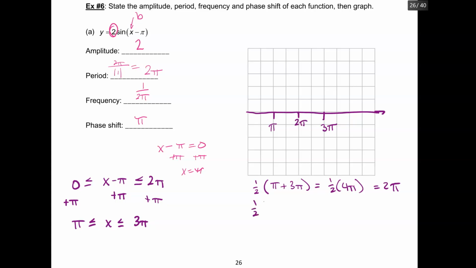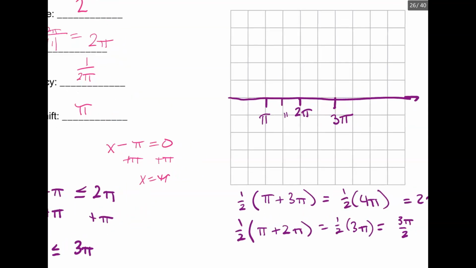And then I just want to label all of my little axes, my tick marks. So halfway between pi and 2 pi, that's just 1/2 of 3 pi, or guess what? 3 pi over 2.